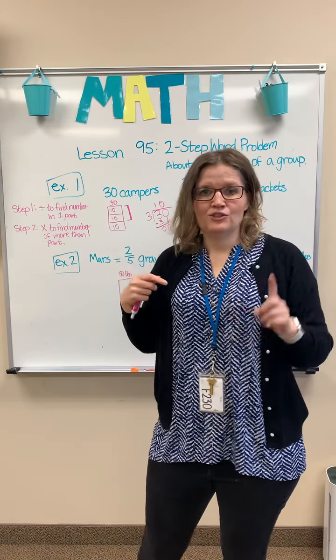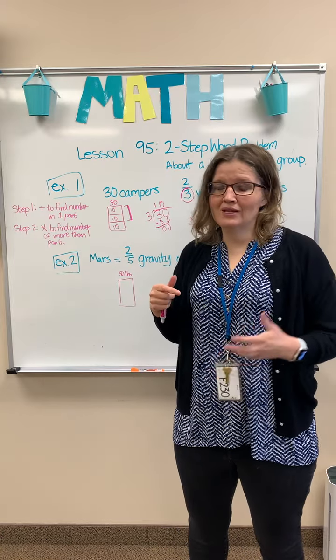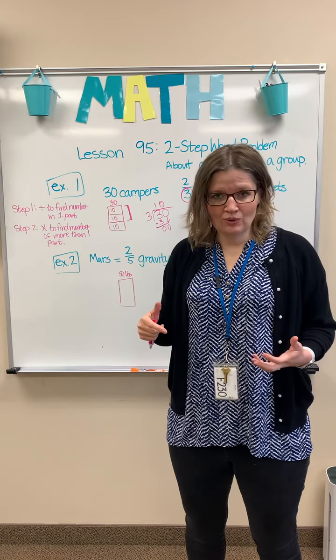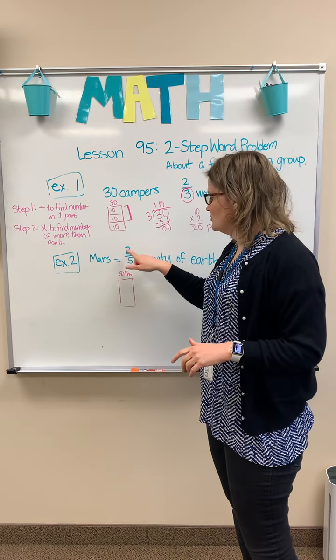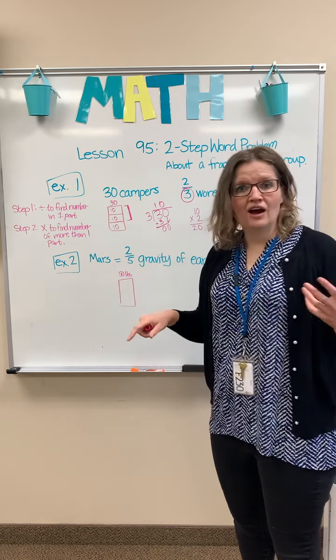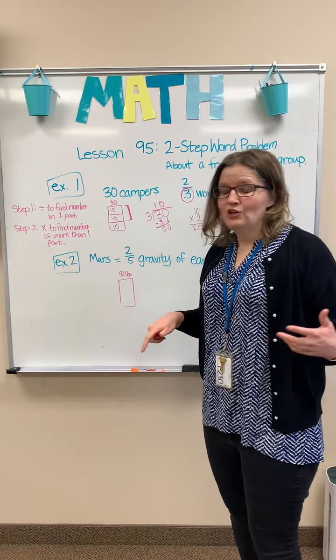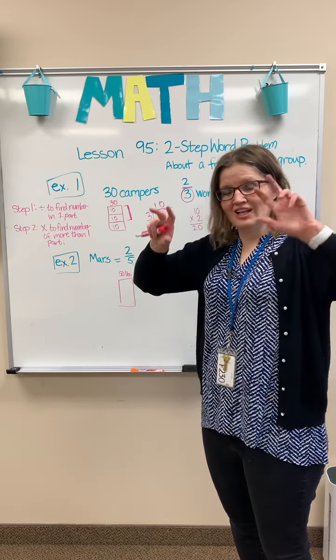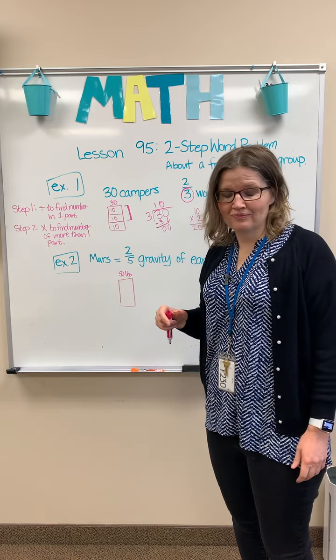If you went to other planets, they have a different gravitational pull. For example, if you went to Mars, it has 2/5 of the gravity of Earth. And so you would be much lighter if you were standing on Mars.